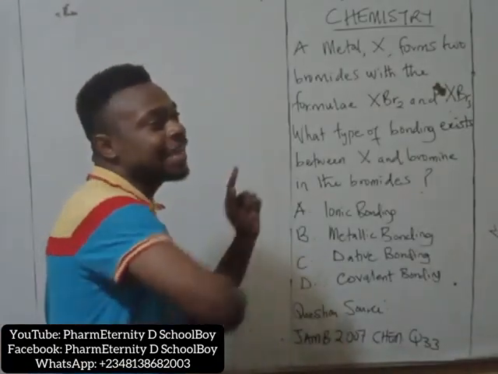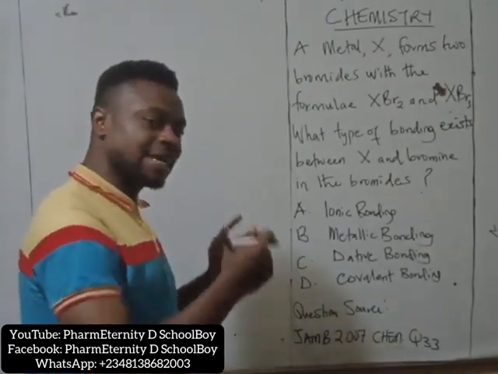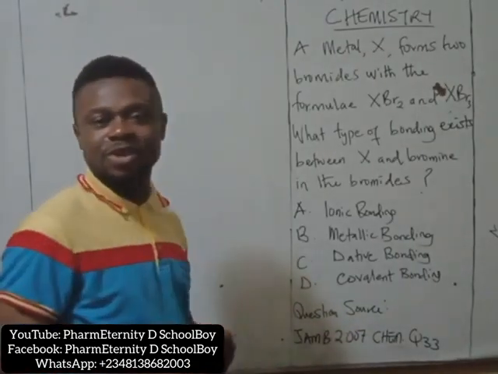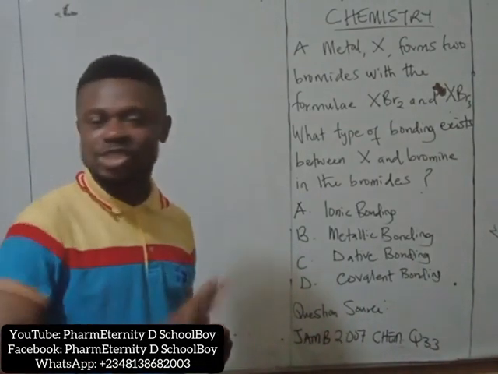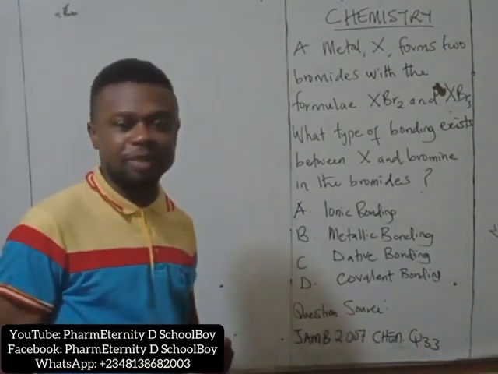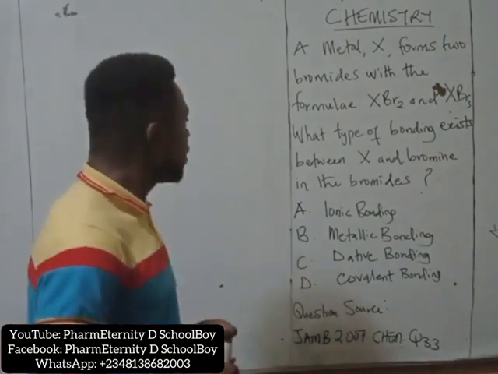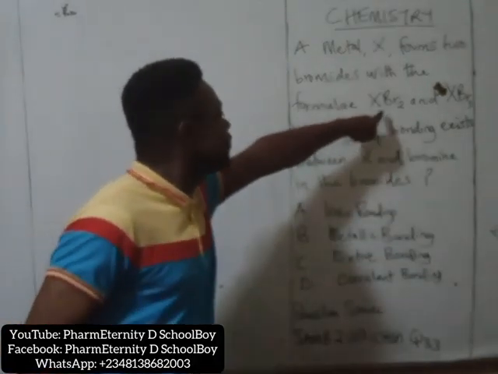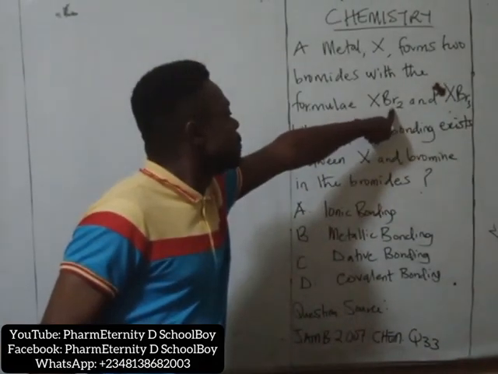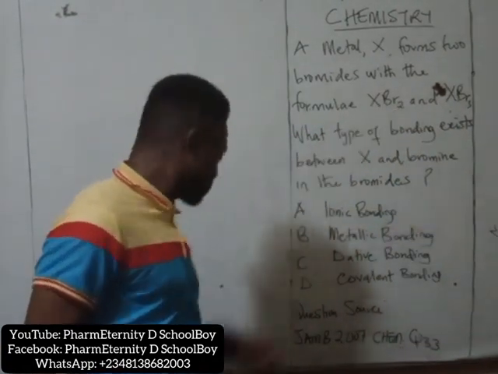This process of one donating valence electrons and the other accepting them is nothing but electrovalent bonding, or ionic bonding. Now, to know the reason why we have XBr subscript 2 and XBr subscript 3.